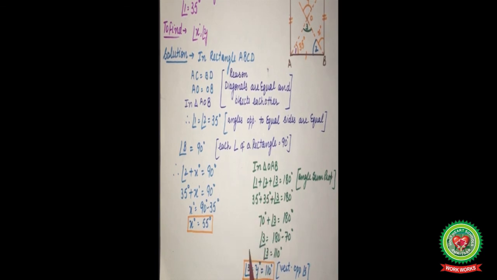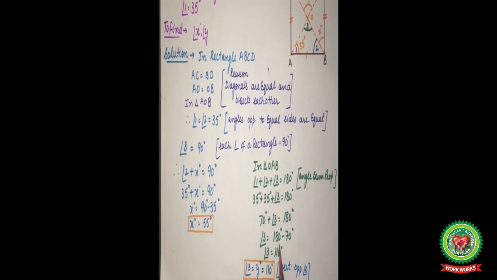So on substituting, we get 35 degrees plus 35 degrees plus angle 3 equal to 180 degrees. So 35 plus 35 is 70 degrees. So 70 degrees plus angle 3 equal to 180 degrees. Now we are going to do the shifting of 70 degrees. So on shifting, we get angle 3 equal to 180 degrees minus 70 degrees, which is equal to 110 degrees.